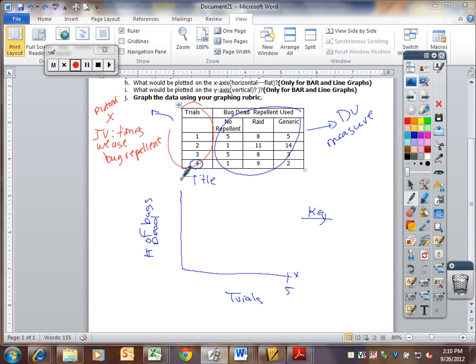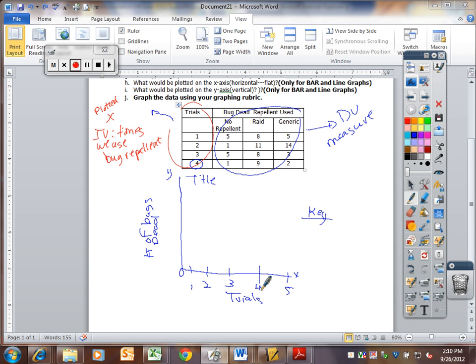But this is going to be the y. And we have to use the same amount of space for both of them. So I look at my biggest number, 4, so I used 5 here on the x-axis, so I'll just divide it evenly. 4, 3, 2, 1, and of course that's 0.